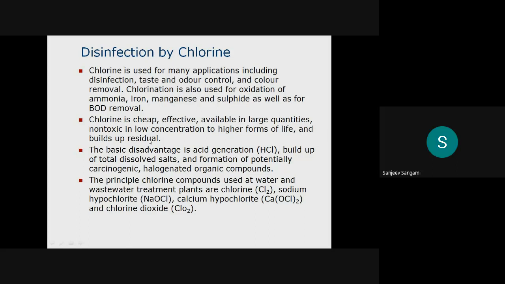In the previous class, we were discussing disinfection by chlorine, and chlorine is used for many applications. In previous classes, we have discussed some of the advantages of chlorine compared with other disinfectants.